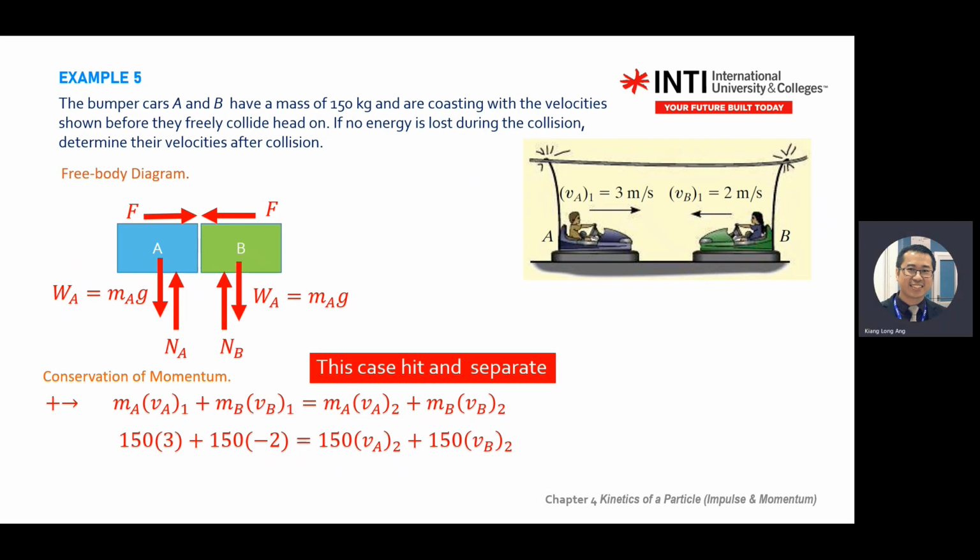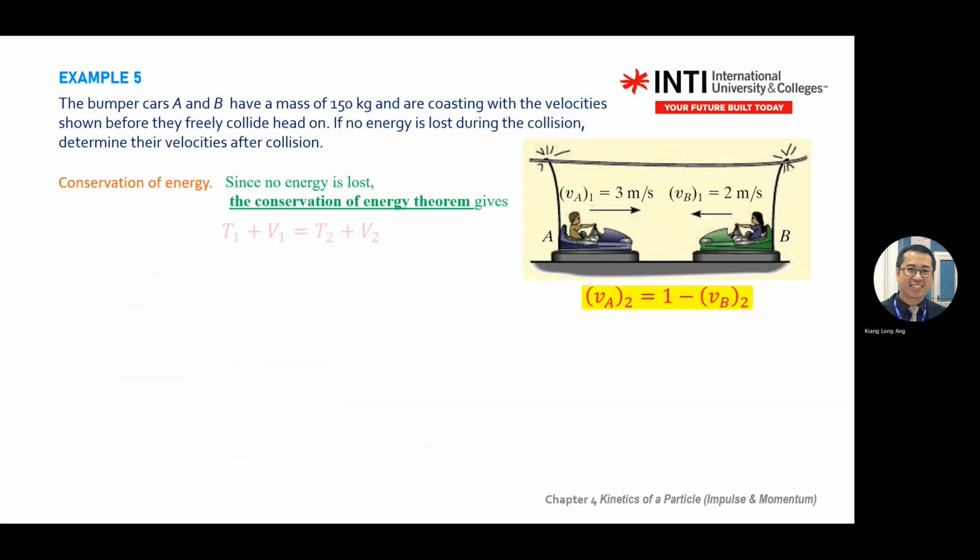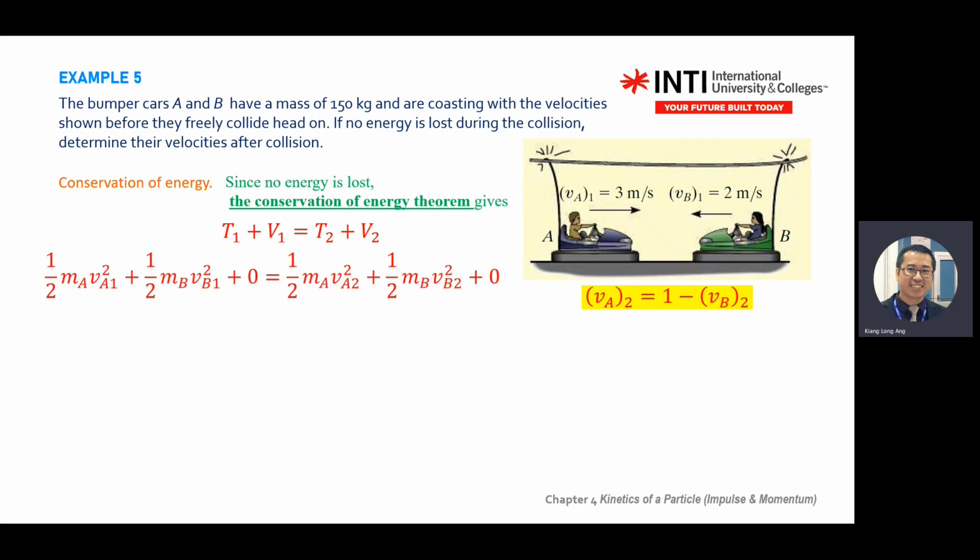No energy loss. You need to recall the chapter 3 equation. Conservation of energy. So there's 1 more equation here, right? So you need to use conservation of energy. Kinetic plus potential, before equal to after. What is the equation for kinetic? Okay, half mv square and mgh, right? So we have 2 bodies. Don't forget you have 2 bodies.